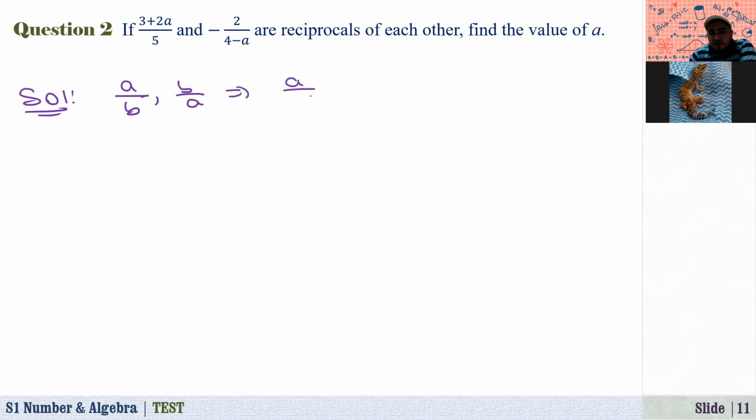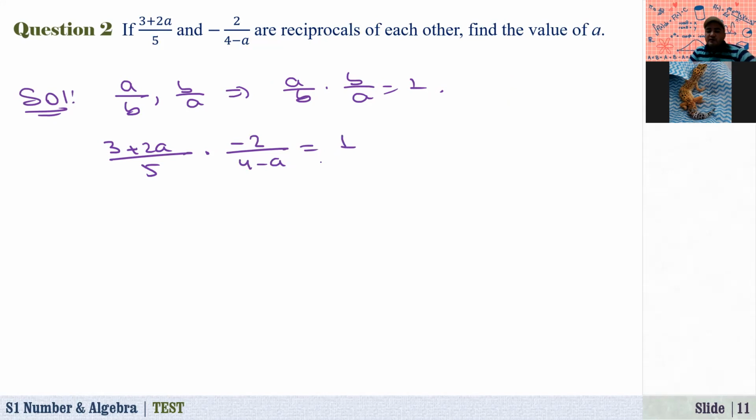Why? Because their product is equal to 1. Yeah, that's really important to solve equations. Since it is so, that means that here we have (3 plus 2a)/5 times -2 over (4 minus a). That should be equal to 1 if they are reciprocals of each other.